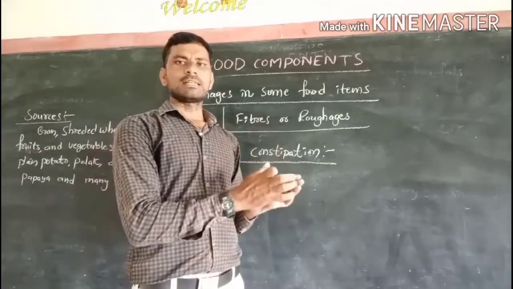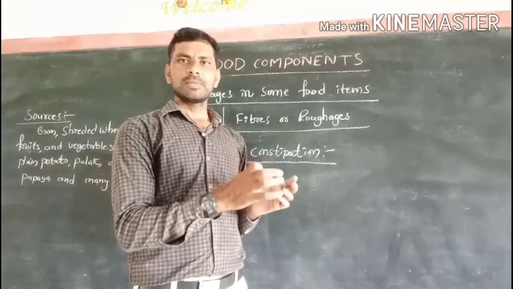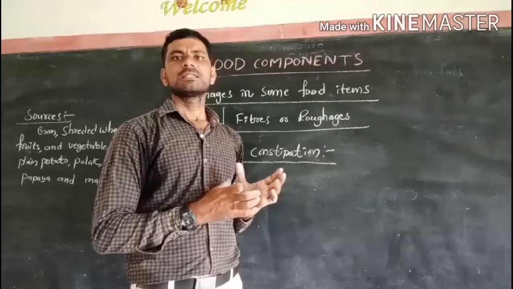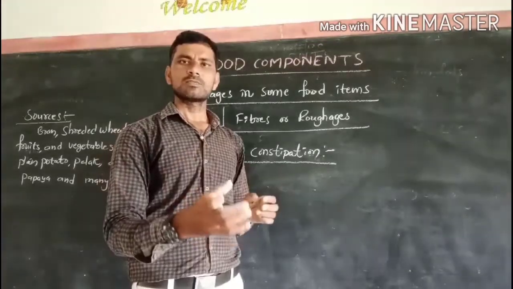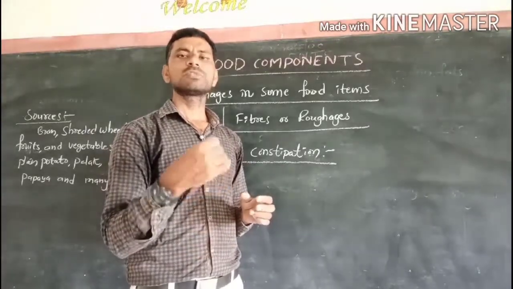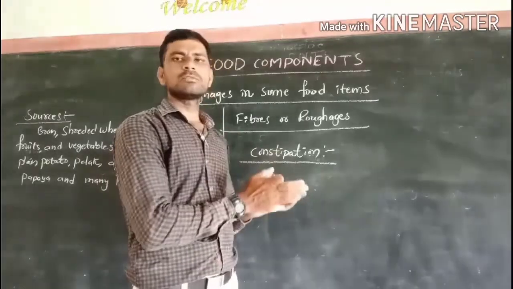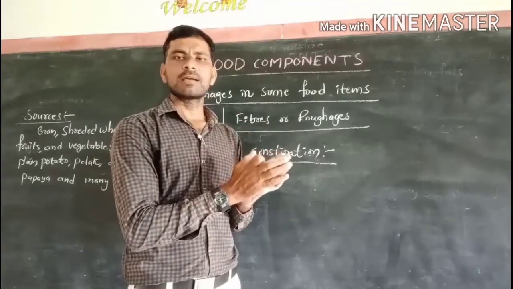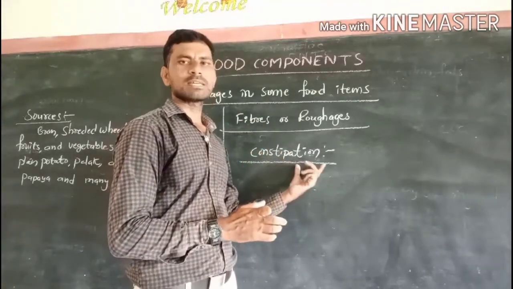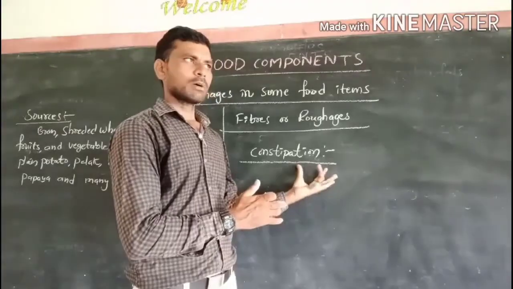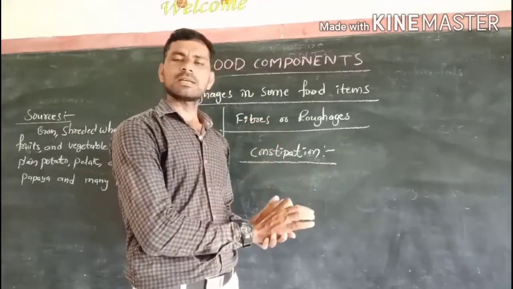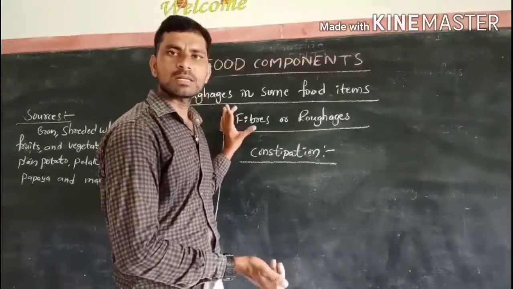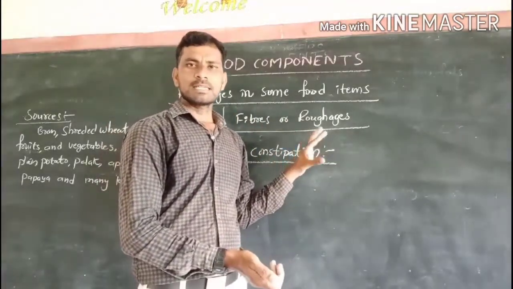They fill our digested food materials and help the free movement inside the stomach, small intestine and large intestine, pushing it along. If you do not include this kind of component in our food, we suffer with constipation. Some of our elders and youngsters also suffer with constipation due to the absence of fibers or roughages. Did you understand, children?